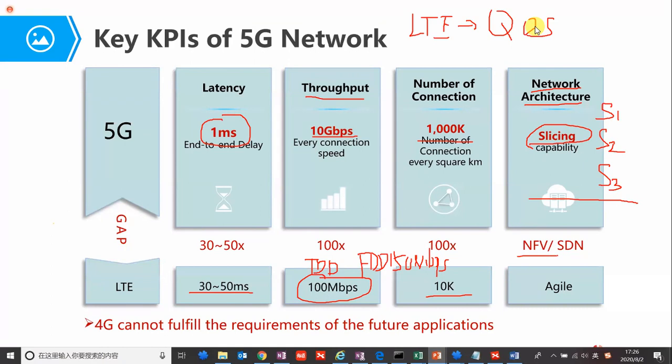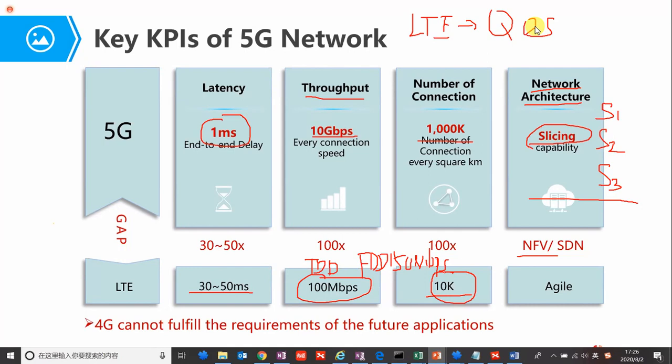Excuse me? Please. About the comparison, the number of connections per square kilometer. For LTE, I think it's only 1K, not 10K. Only 1K? Yes. You said 1K for the LTE network?